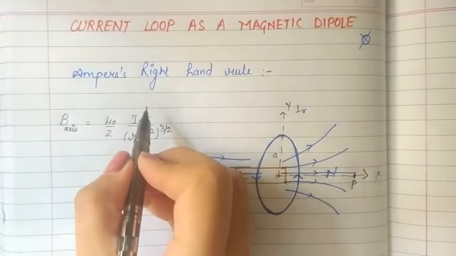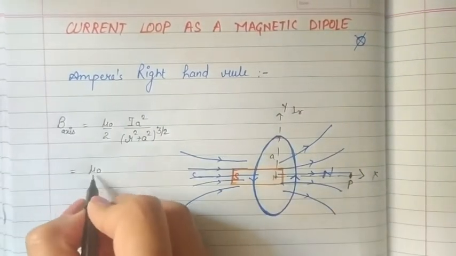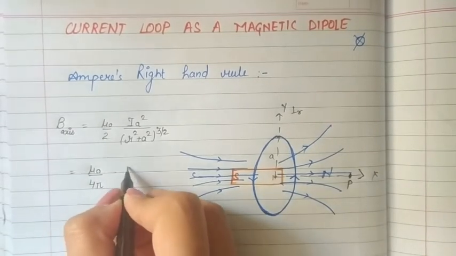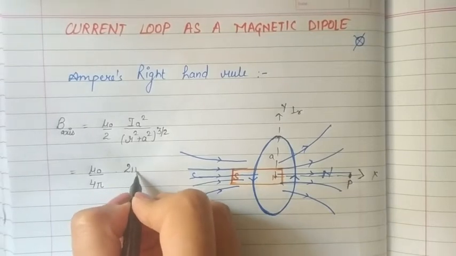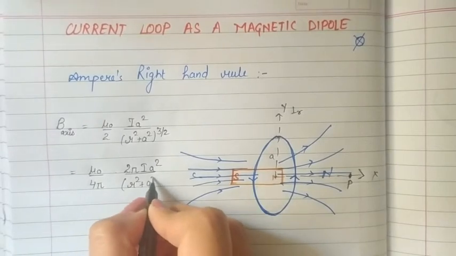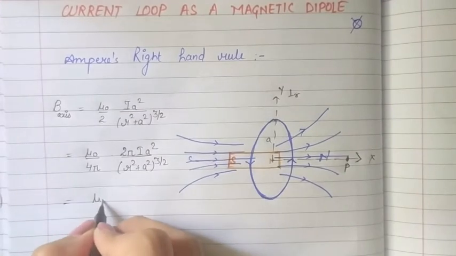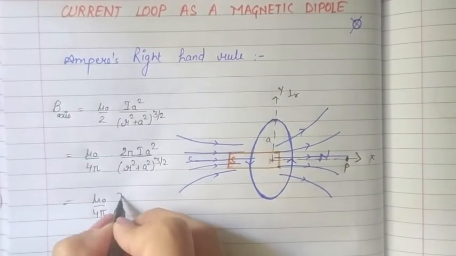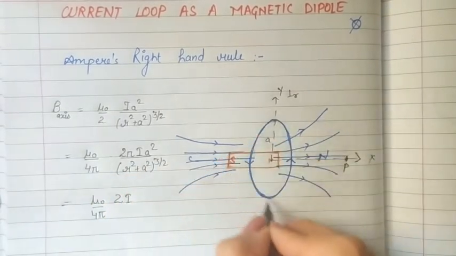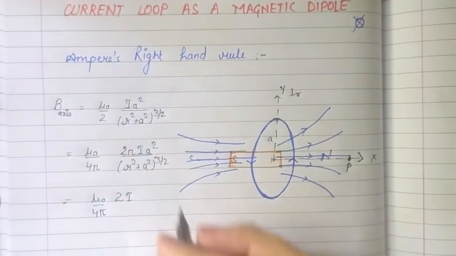Now we can rearrange this formula by writing it in the form of mu naught upon 4 pi. If I want to write 4 pi here, I have to multiply it also by 2 pi I a square upon (r square plus a square) to the power 3 by 2, and this will become mu naught upon 4 pi, twice of I, and pi a square is actually the area of this loop, pi into radius squared, because a is the radius.